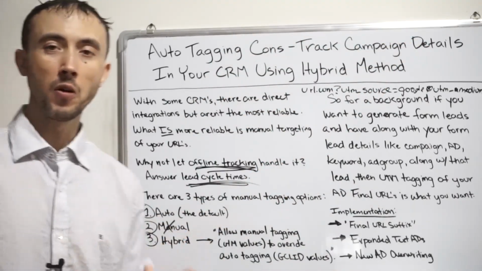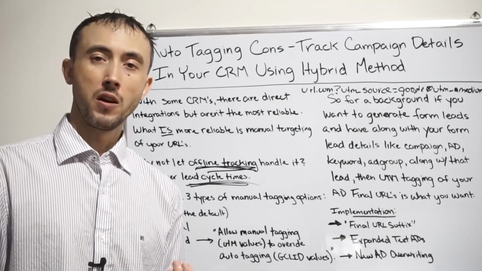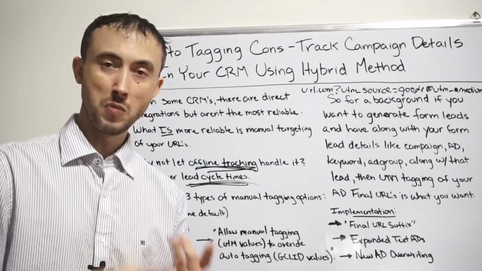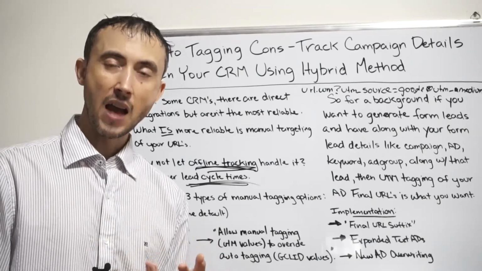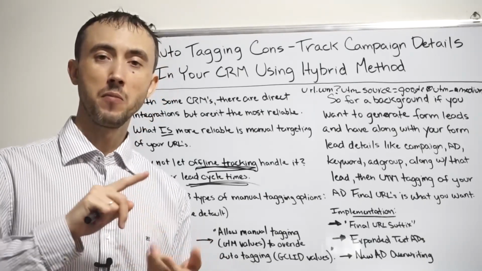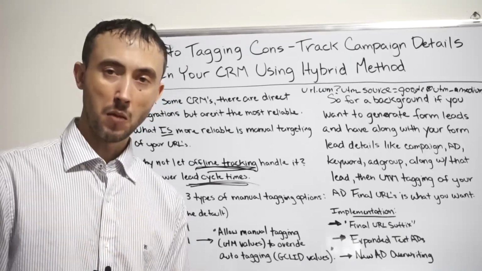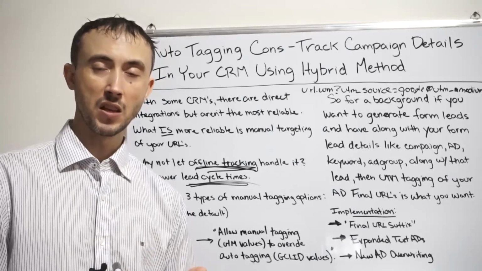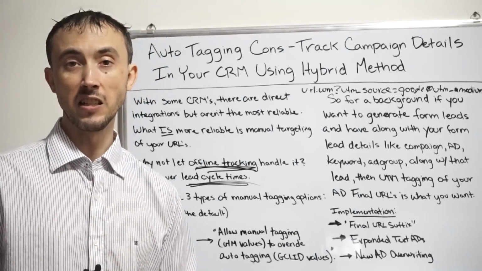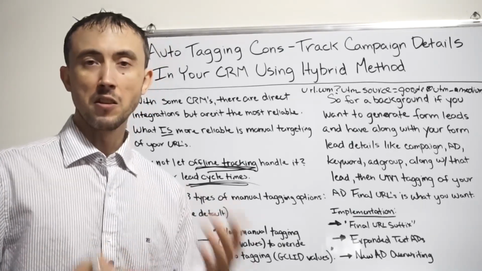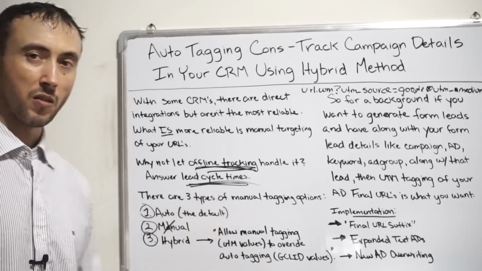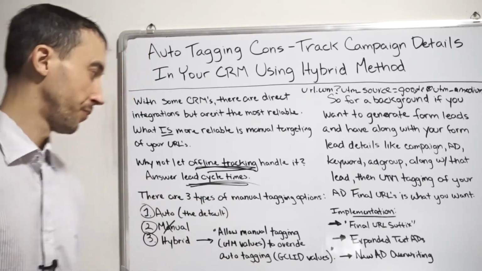You need to have hidden form fields on each one of your forms, which I recommend by default doing source, medium, ad group, ad name, keyword, and campaign name. With all that information, you will basically have everything that you want. You can add GCLID in there, which is like a serial number for every click, so that you can do the offline conversion tracking that I talked about earlier. I won't get into that.